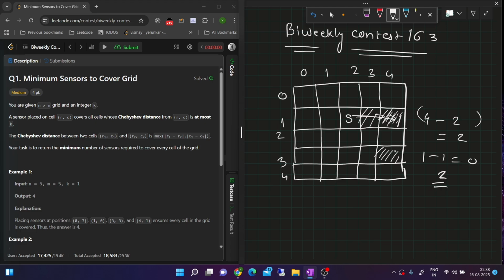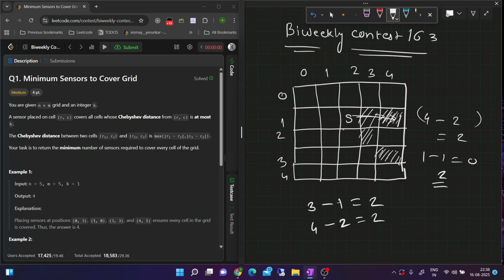For this particular cell, the row would be 3, and here the row would be 1, so the difference would be 2, and similarly here the column is 4, and the column for this cell is 2, so it would be 2. Okay, great. And we can see that here also 2 cells are there.